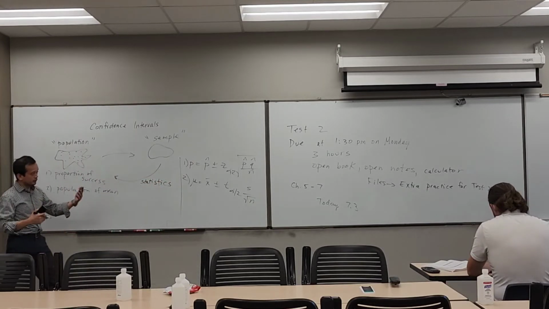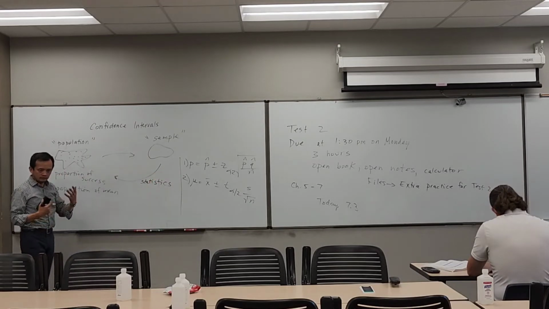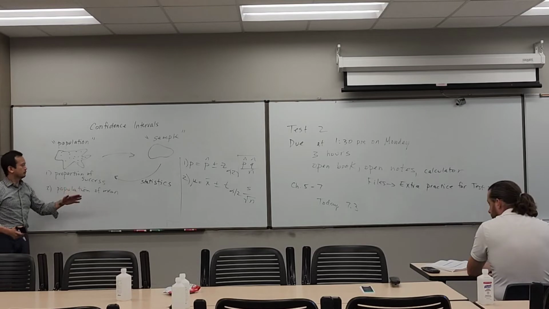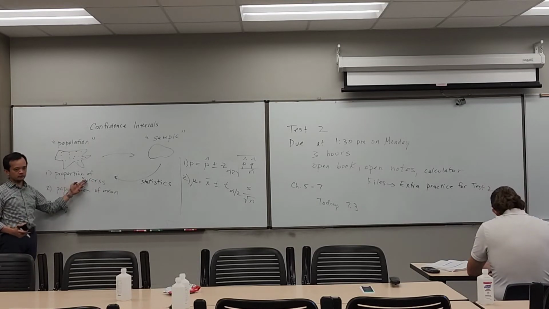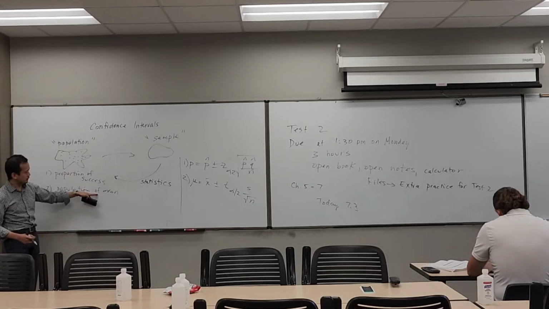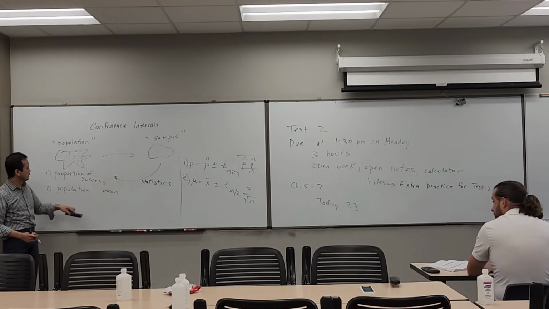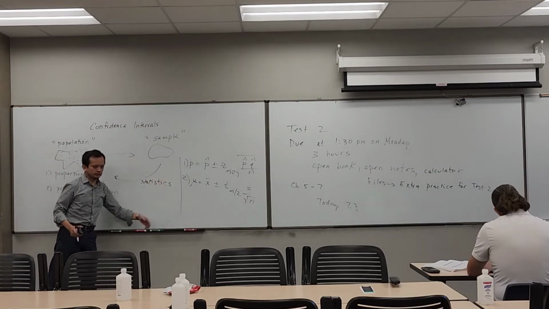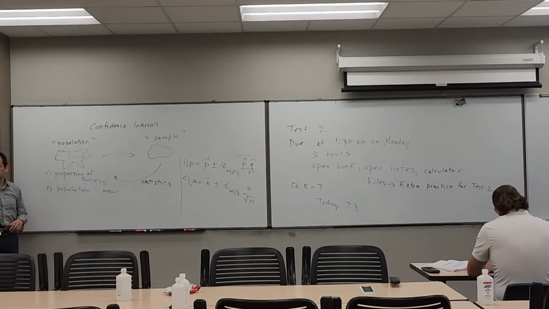And the formula that you use depends on the type of measurement that you're trying to estimate for the population. So conceptually, if you're trying to estimate a proportion of success for the population, you use the first formula. If you're trying to estimate a population mean, then you use the second formula. Any questions so far? So that's review.